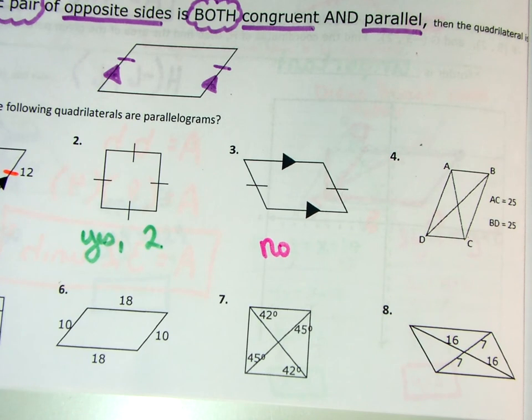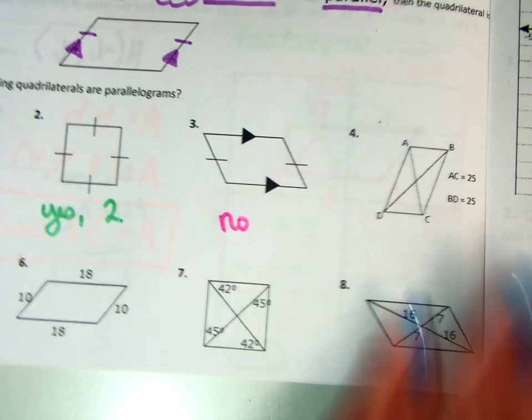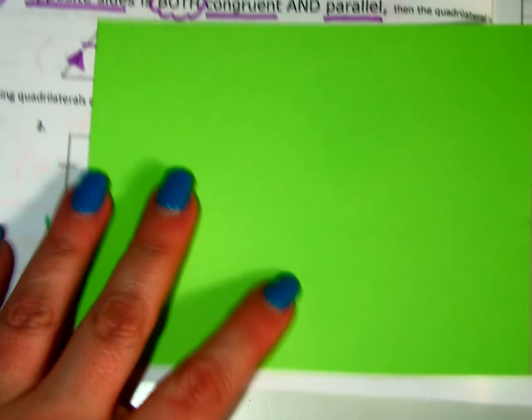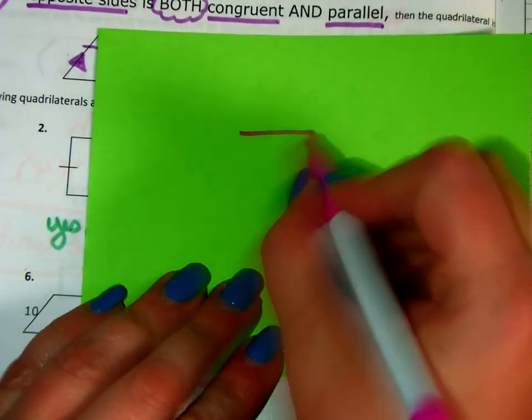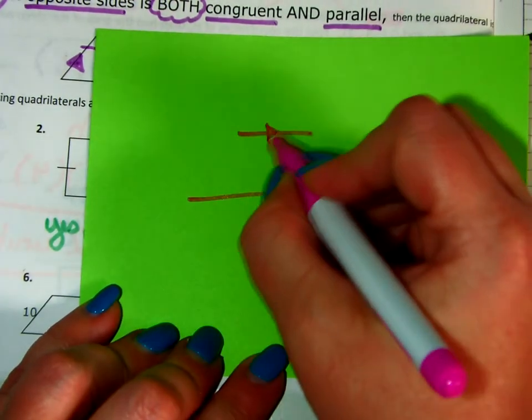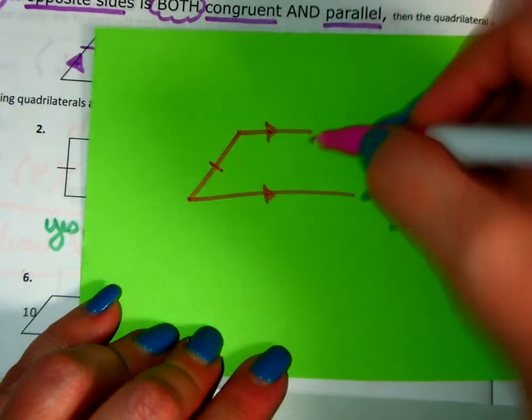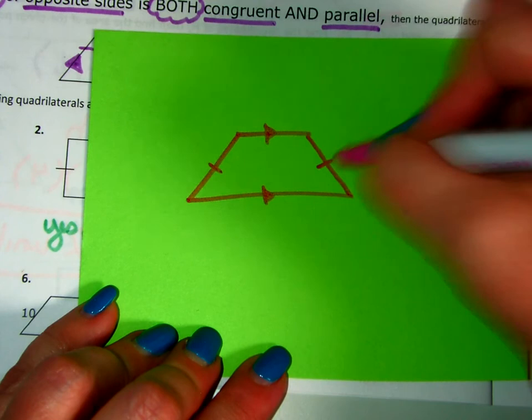I can draw something that has parallel sides and the other 2 sides are congruent. That's not a parallelogram. If 2 sides are parallel, and then the other 2 sides are congruent, what could it be?